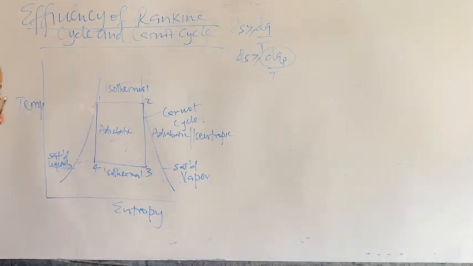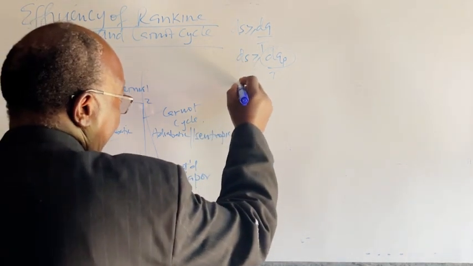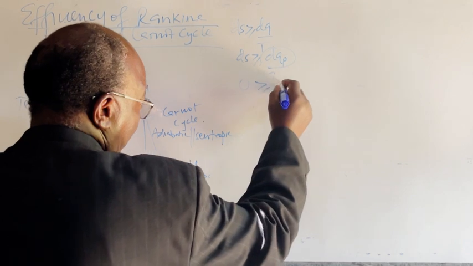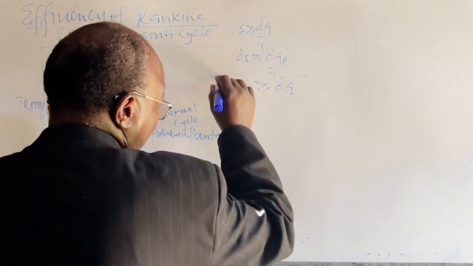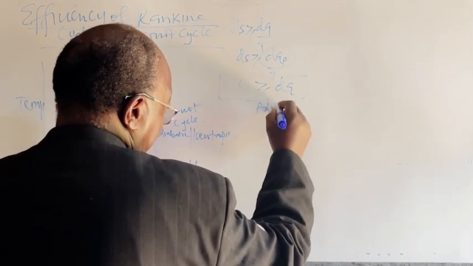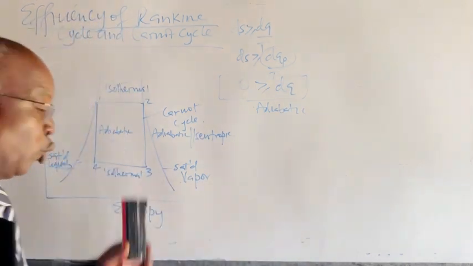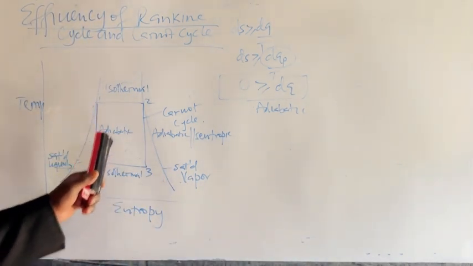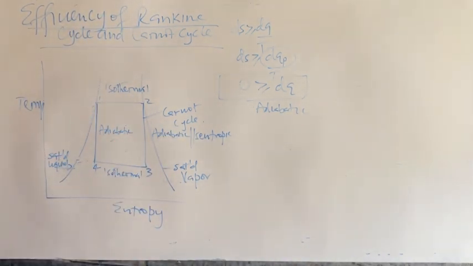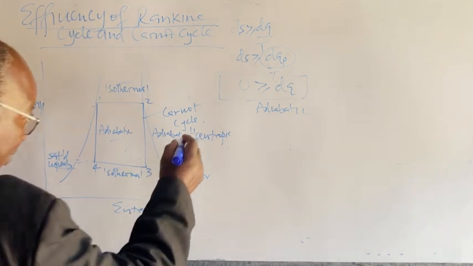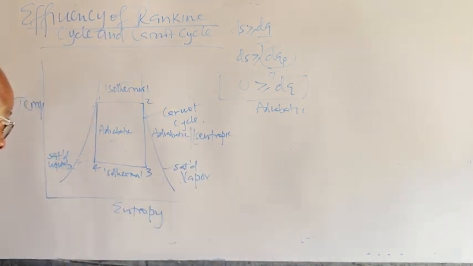And because the process is isentropic, ds is 0, so that dq is also 0, so the process is basically adiabatic. So steps 2 to 3 and 4 to 1 are adiabatic as much as they are isentropic. In other words, there's no change in entropy.